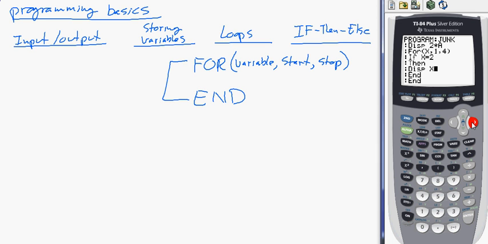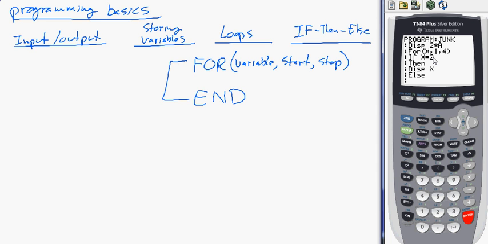So I need to insert a line or 2. So if X equals 2, then display X. Else means when X isn't equal to 2.